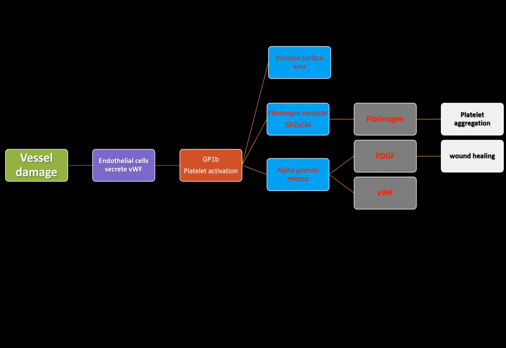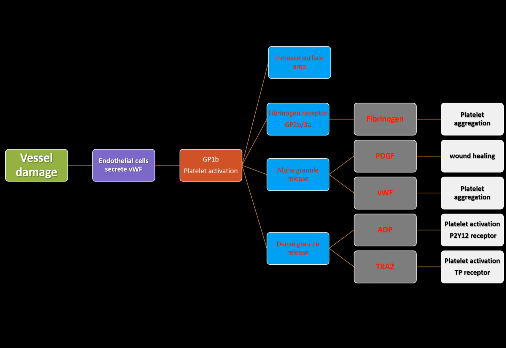Along with that, it will release alpha granules and dense granules. The alpha granules release the platelet derived growth factor, which is responsible for long-term wound healing, and also von Willebrand factor. The dense granules will release ADP and thromboxane, and all of this will help in further platelet aggregation.